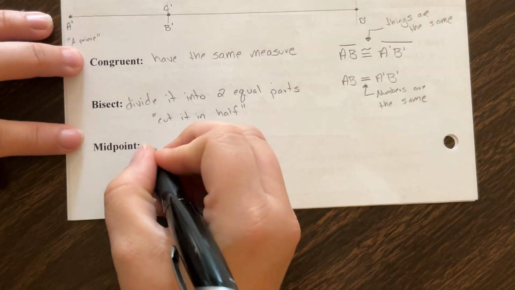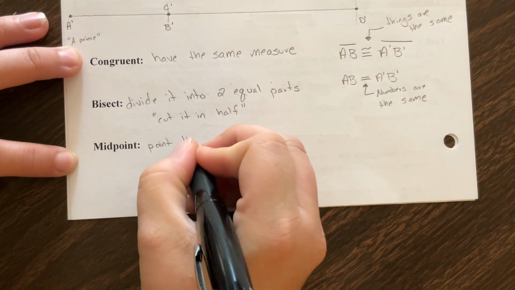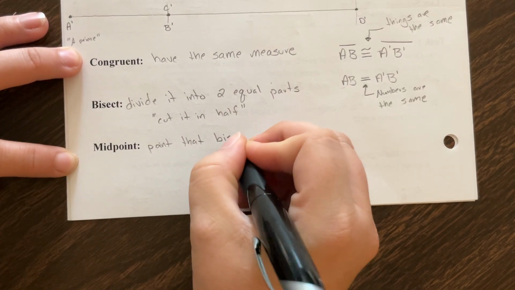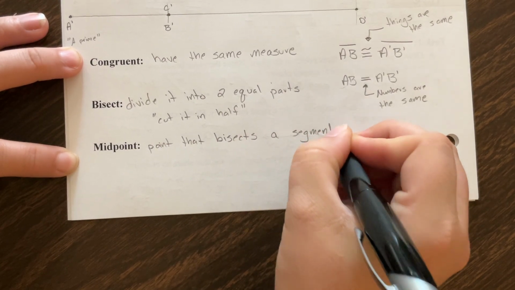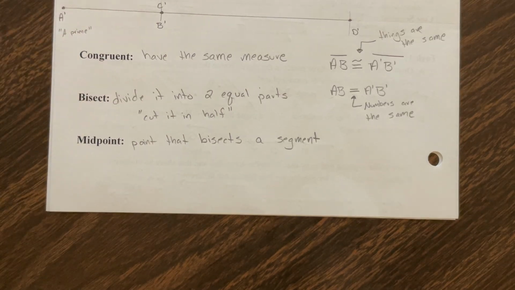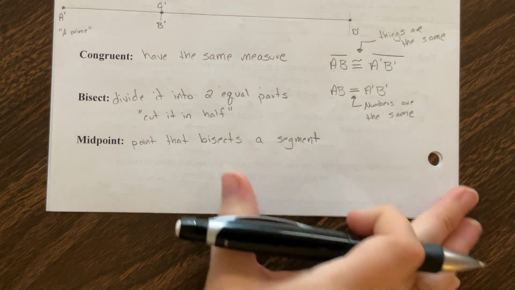Okay, so a midpoint is a point that bisects a segment. So bisect is really a verb. It's something that you do. If I'm going to bisect an angle, it's something I'm doing to an angle. Bisect a segment, something I'm doing to a segment. A midpoint is a noun. It's the thing that bisects. Okay, kind of the difference there.